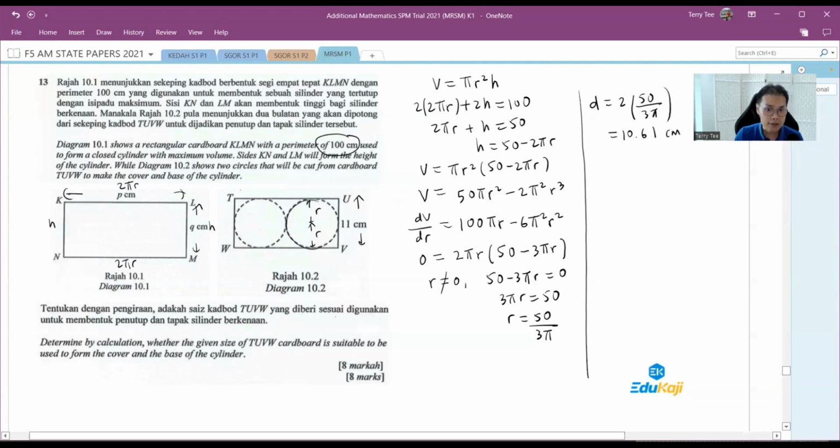So we can actually have enough space to cut it out and to fit it as a cylinder. So is it suitable? Answer is yes. The diameter is less than 11 cm.